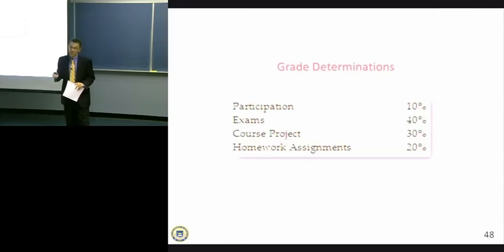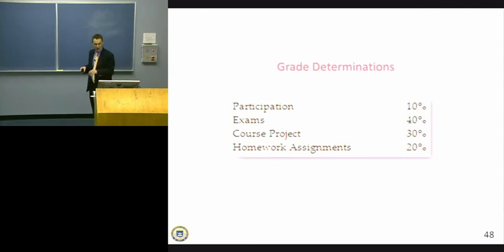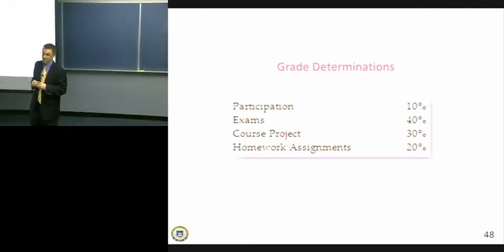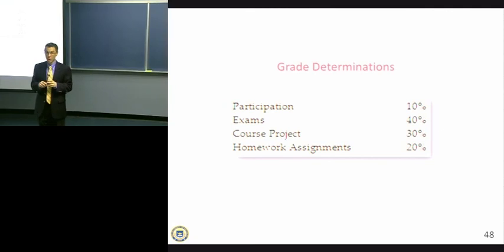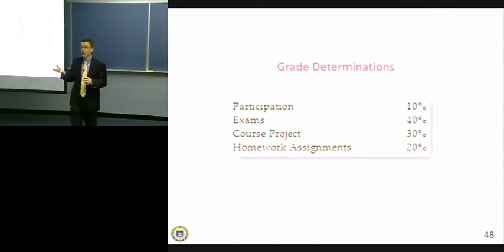In terms of grades, we do something a little strange in the class. We have an optional final. So you're going to have 2 exams, each worth 20%. And the lower of the 2, if you choose to take the final, you don't have to take the final. But if you do, it replaces the lower of your in-class exams. Okay.